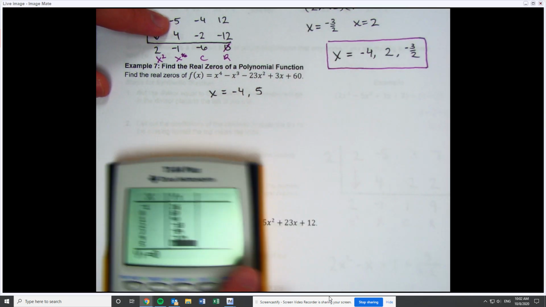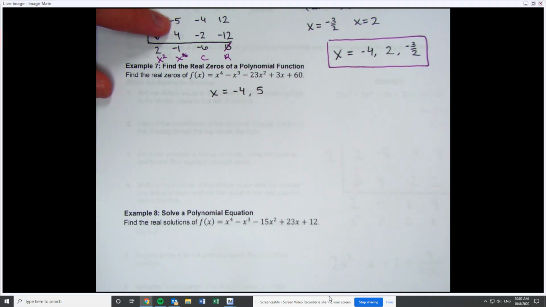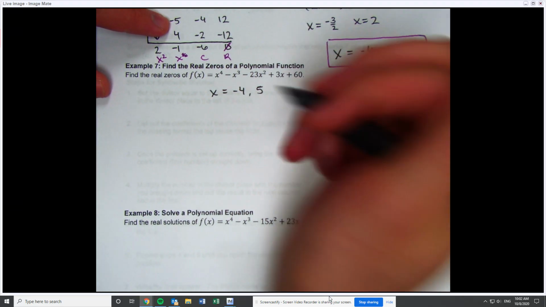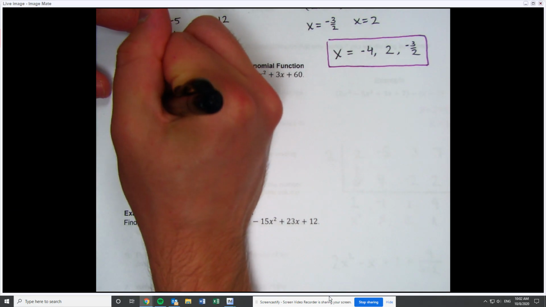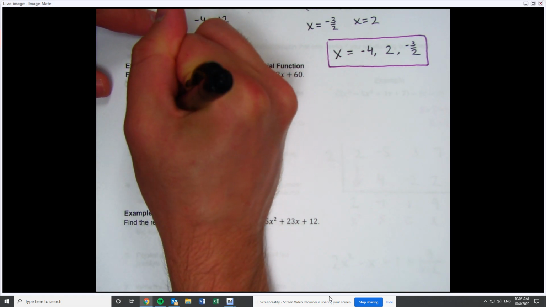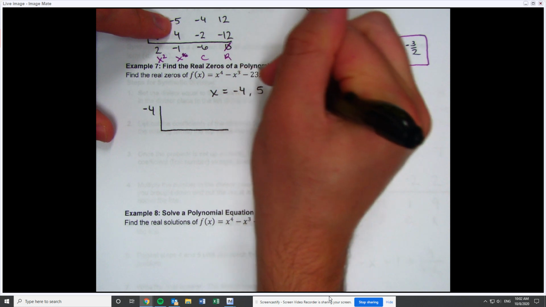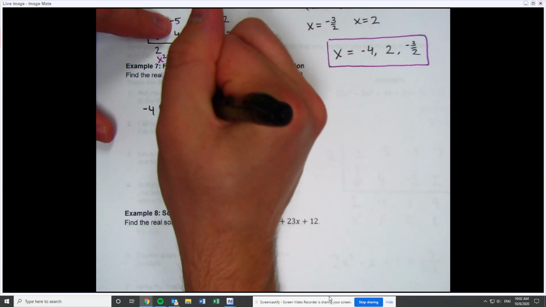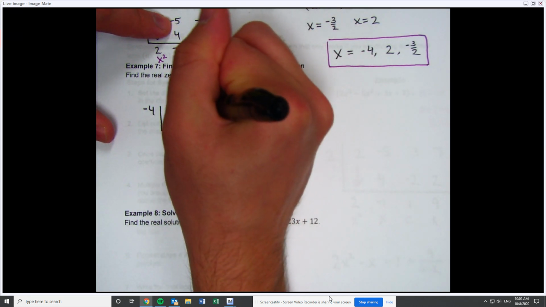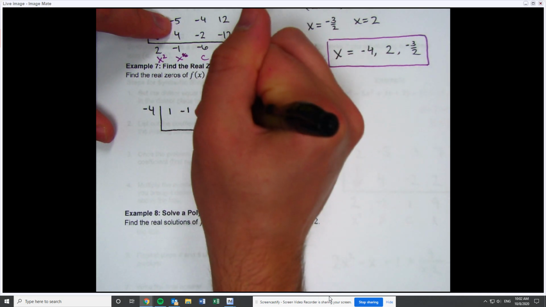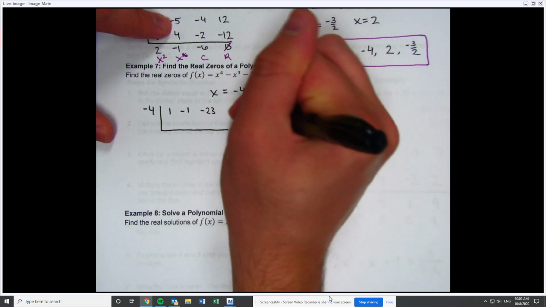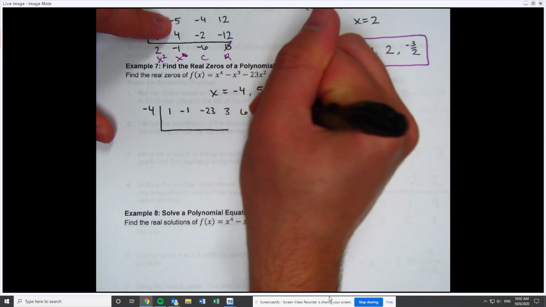So this means I can do synthetic division twice. Okay, so starting with -4, I have -4 on the outside, filling this in. 4, 3, 2, 1, none. Everything's there. So I have 1, -1, -23, 3, and 60.